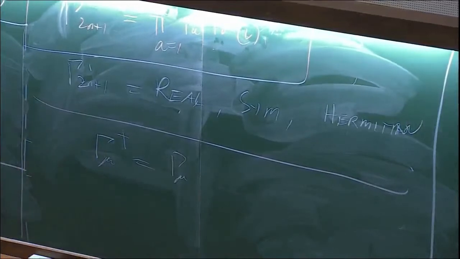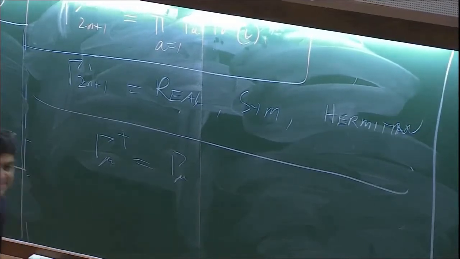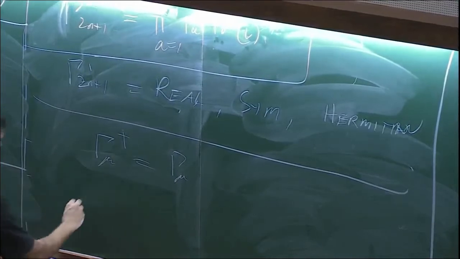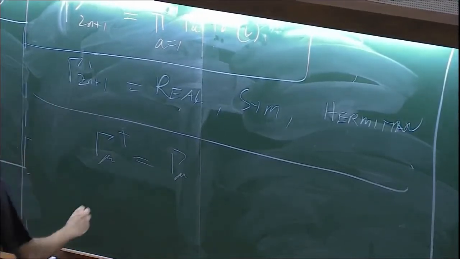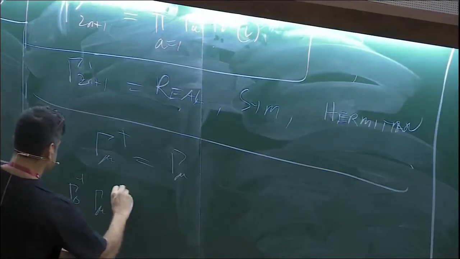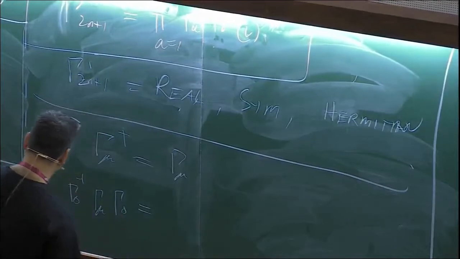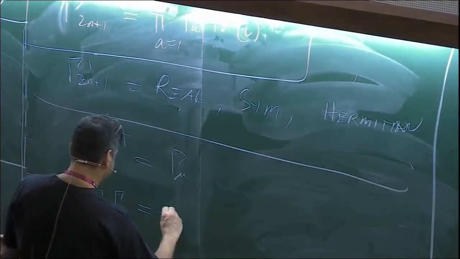Now this is clearly not true anymore, because gamma 0 dagger is minus gamma 0. Now how do we write that in a way that looks sort of nice? That's a nice way to write it. It is that gamma mu times gamma 0 inverse gamma 0 is equal to minus gamma mu dagger.